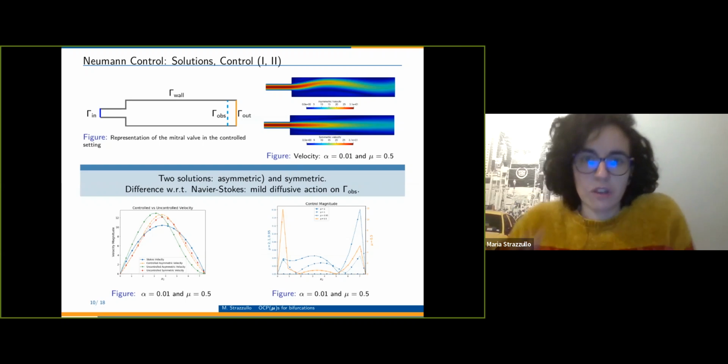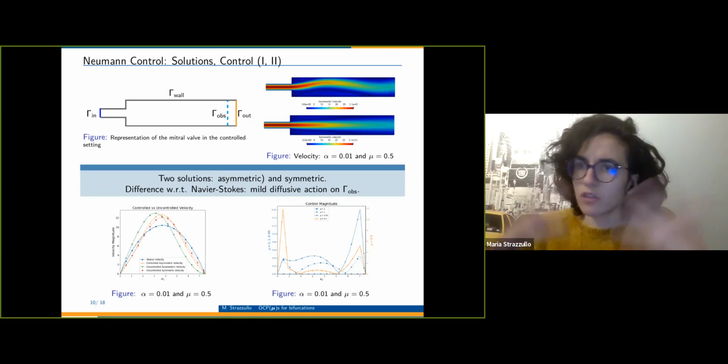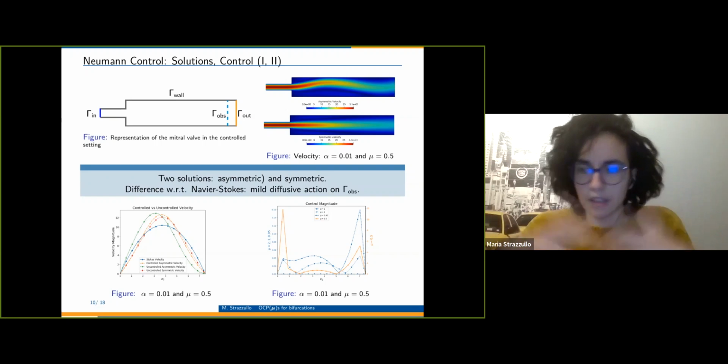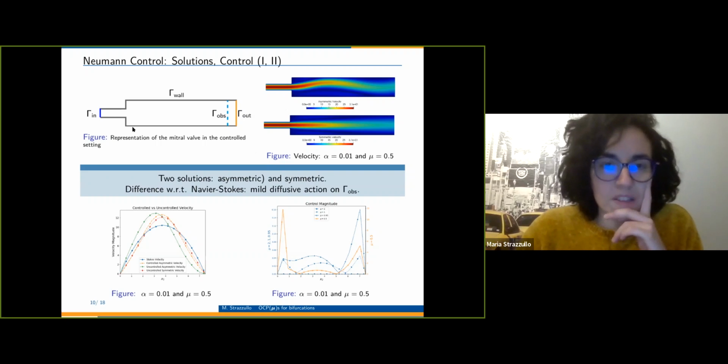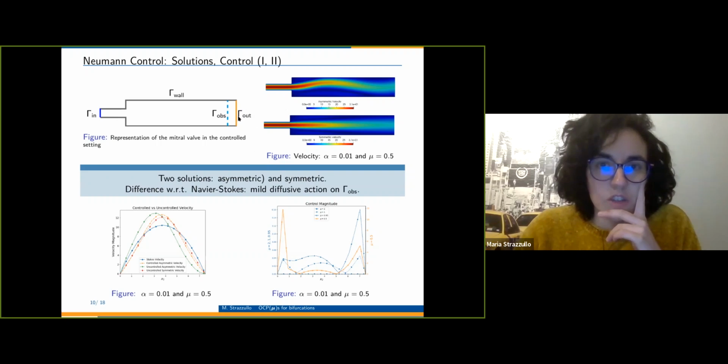So let's start with the worst case scenario. So the first optimal control that we put together is actually really classical, at least in the hemodynamic field and the numerical analysis related to hemodynamics. So basically here, you are controlling the Neumann condition.